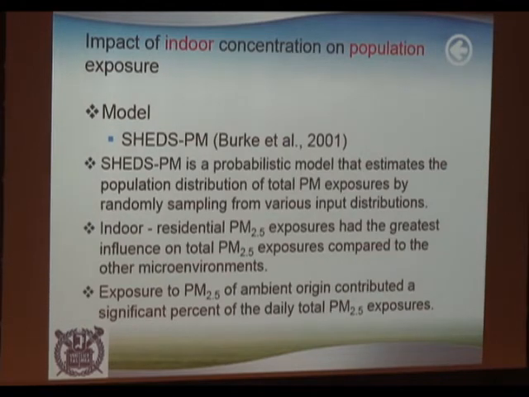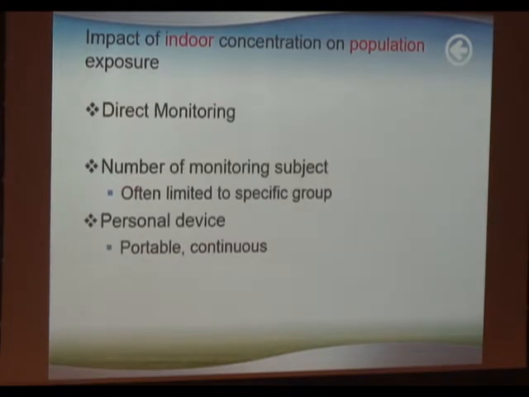Now, of course we know that instead of modeling, direct monitoring is what we prefer, and it always gives us better information. The problem of population exposure monitoring is that the number of monitoring subjects is very limited.